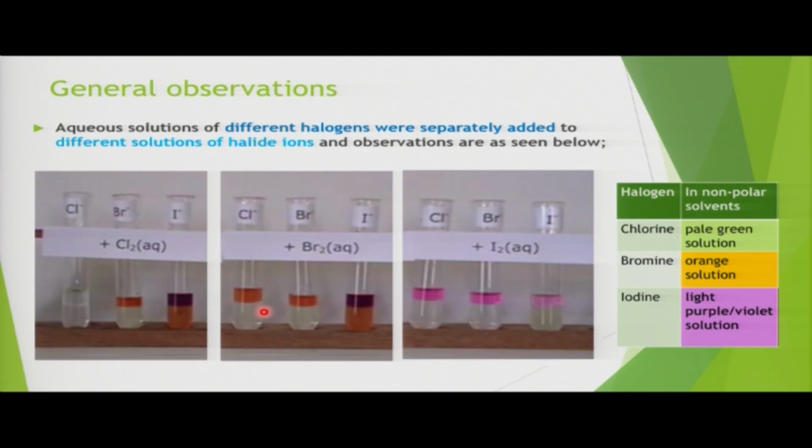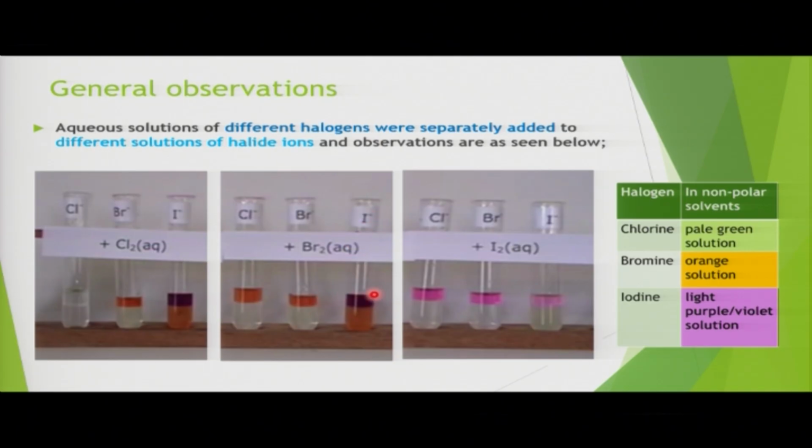Look at the test tubes of chloride, bromide, iodide, with the addition of bromine. For chloride and bromide, we see they are actually similar, indicating there is no difference there. We have the orange solution on top.